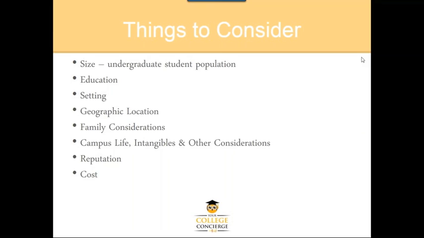Of course, we talked about your family considerations, your values, your budget, the ability to afford. Peter's going to get into that very specifically. And then there's the campus life and intangibles. Did you plan on playing sports, and at what level? Are you looking where there perhaps is a foreign exchange program? What's important in terms of a class? Is it a diverse ethnic or religious community? Is it okay for you to be in a very liberal environment?